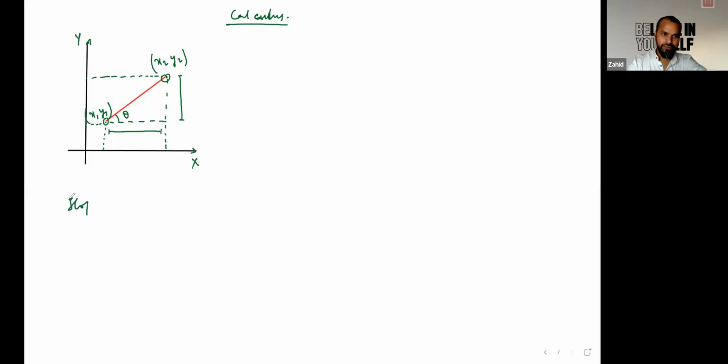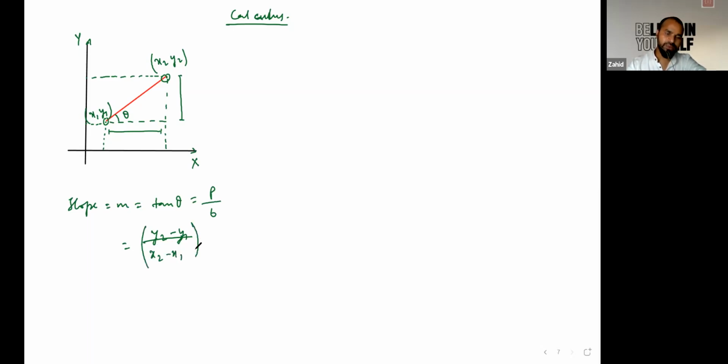So slope is denoted by m, which is equal to tan theta, which is equal to perpendicular over base. For perpendicular, take the difference of the y coordinates of the two points, so it would be y2 minus y1. And for base, it would be the difference of the x coordinates of these 2 points, so it would be x2 minus x1.